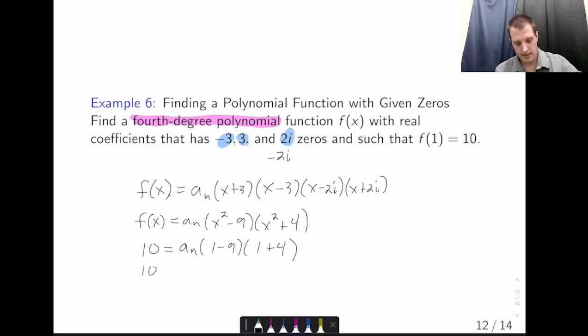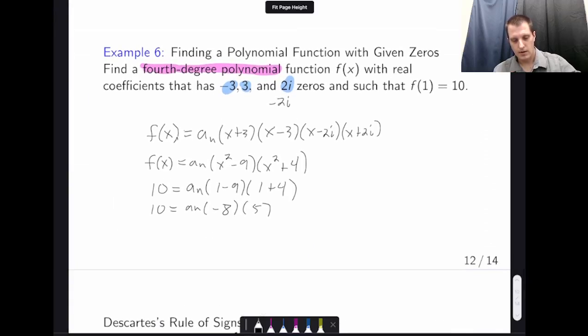Or that 10 is equal to a sub n times -8 times 5. Or that 10 is equal to -40 a sub n. Or a sub n is equal to -1/4.